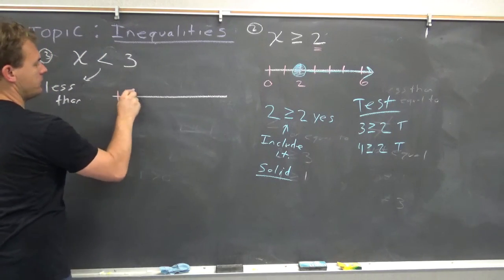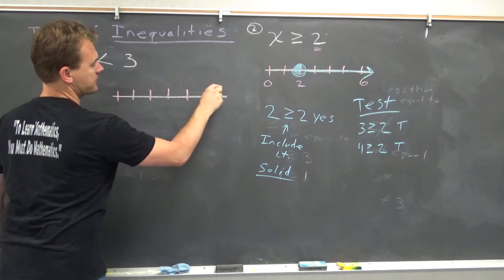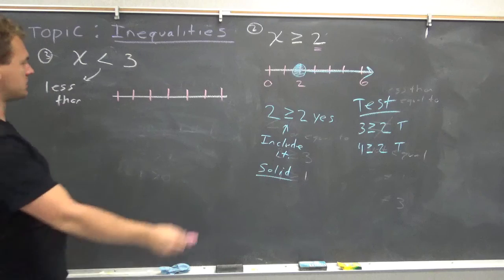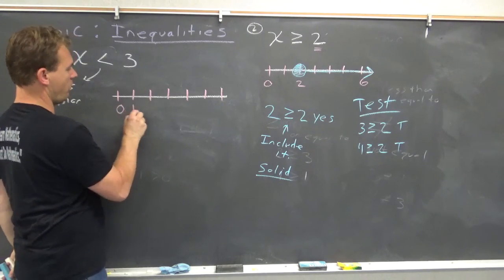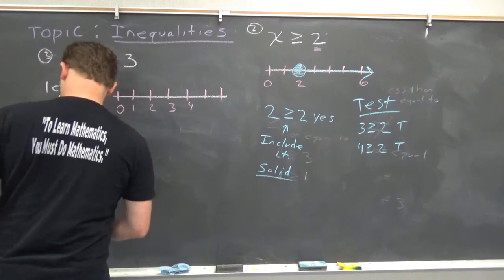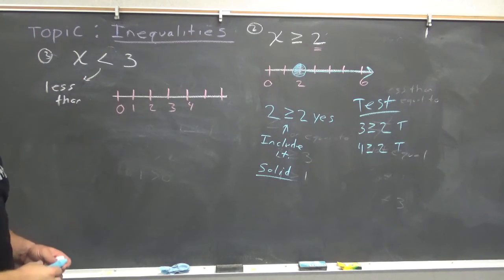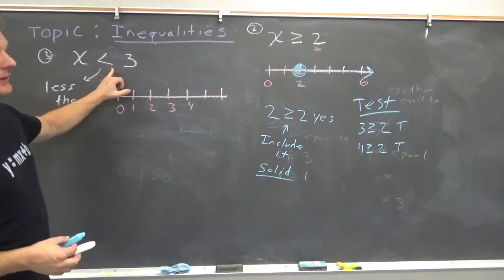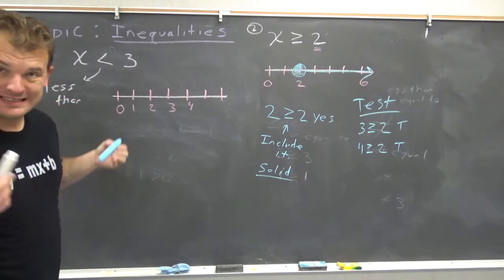So we have 1, 2, 3, 4, 5, 6, 7, I don't care. But you know you're going to have to go to 3. So you can go 0, 1, 2, 3, and 4 if you want to. But we don't need to do that because x is less than 3. So let's test this.